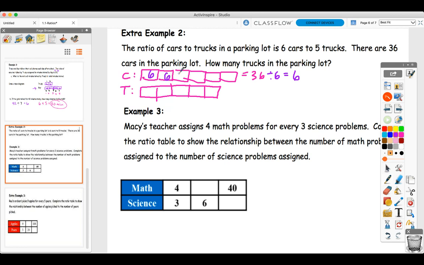So that means this is going to be 6 as well because they all represent the same amount. So I'm just putting 6 in all of them. Okay. So how many trucks are in the parking lot? 1, 2, 3, 4, 5. So this is going to just be 6 times 5, and that is 30 trucks.